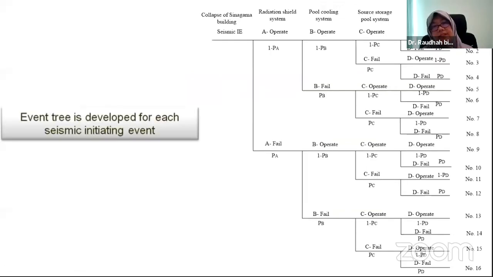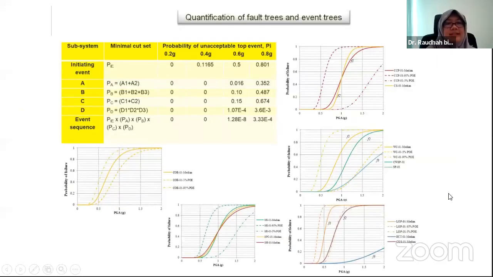From fault trees, you move further into event tree analysis to come up with the possibility of each event, each failure. Here, the sequence designations are the potential failure modes.